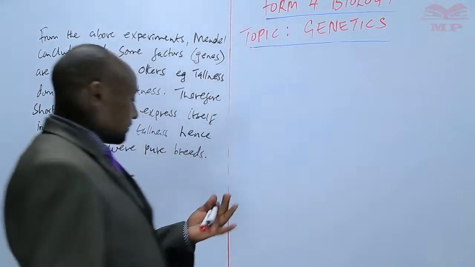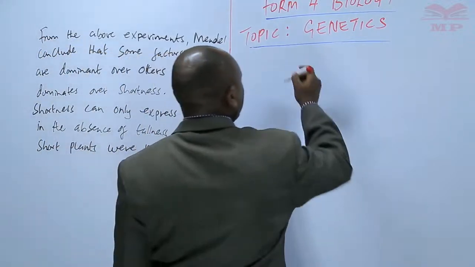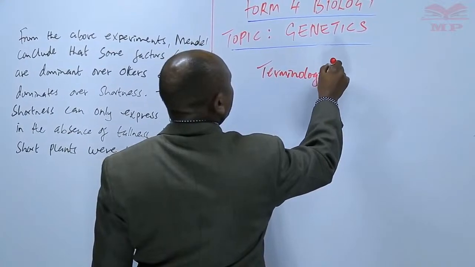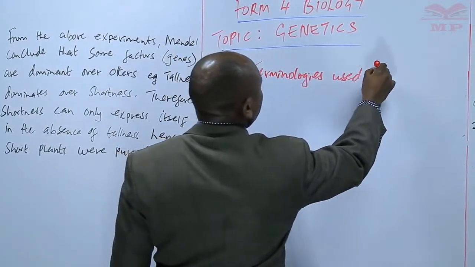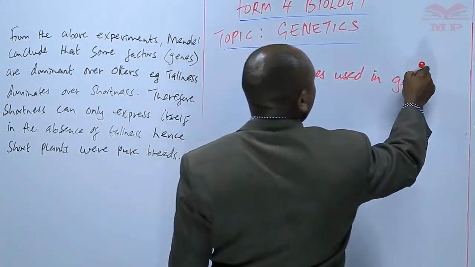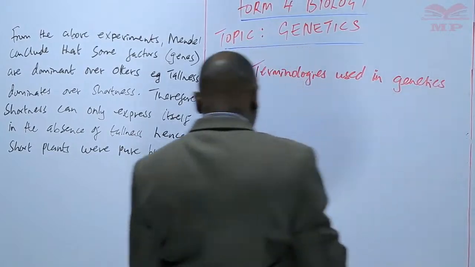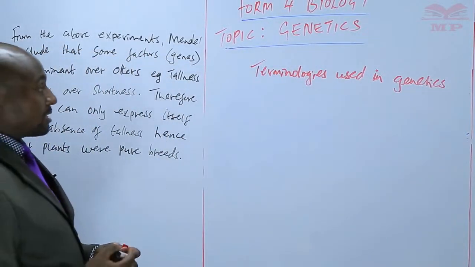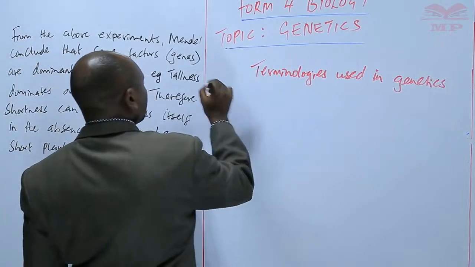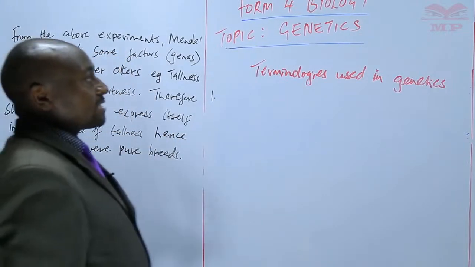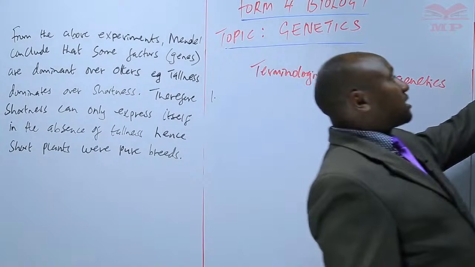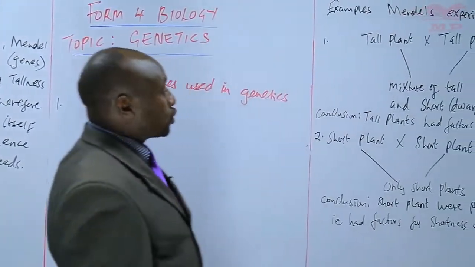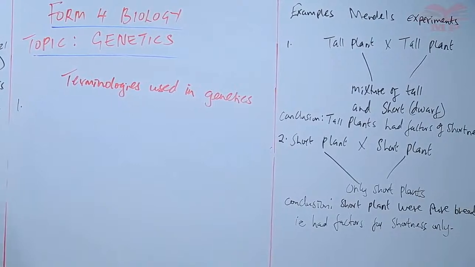Now, based on that, we are going to look at some terminologies used in genetics, the terminologies that we came up with from these experiments. One, we have seen that the tallness is dominating over the shortness. That is why the shortness is not expressing itself.